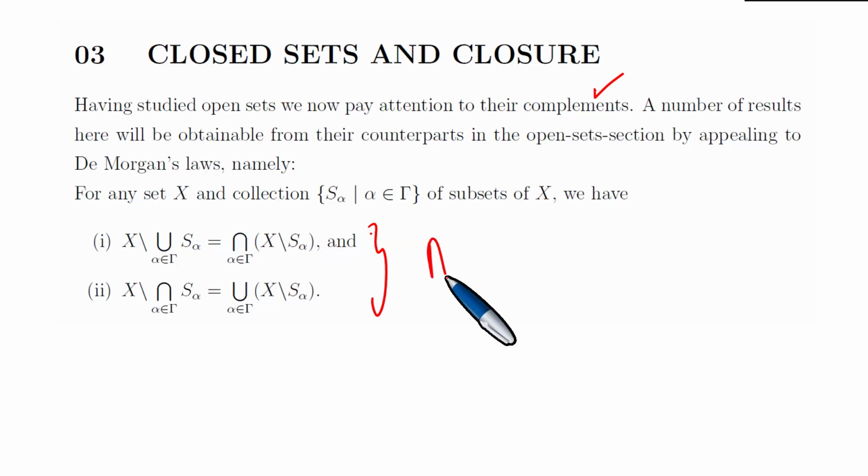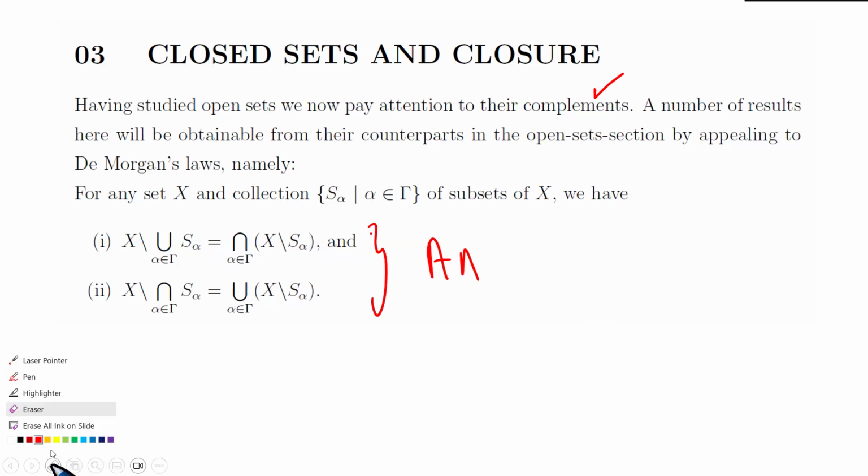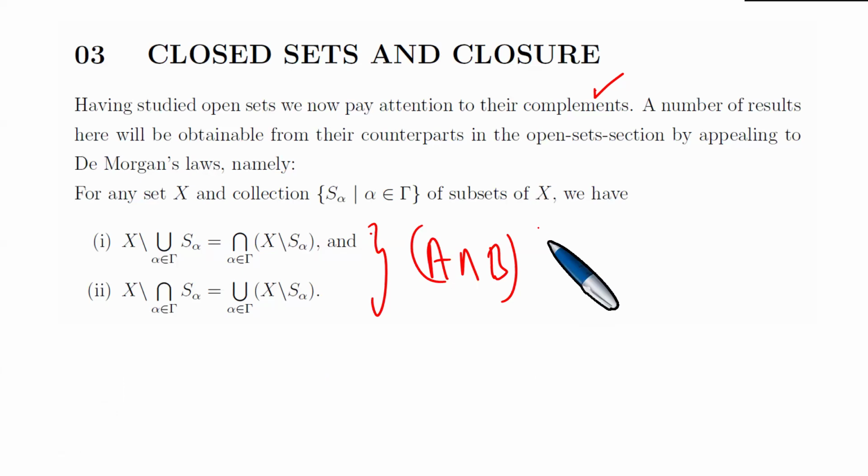We can remember De Morgan's laws like this: take A and B, for example, as sets. If we take the complement of A intersection B, this will be the same as A complement union B complement.